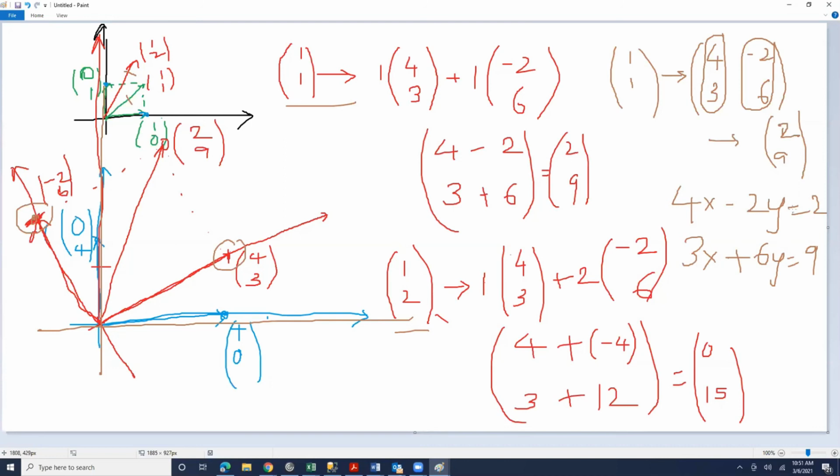When I put x equal to 1, y equal to 1, 4x minus 2y is equal to 2, and 3x plus 6y is equal to 9. That's all. So that's why these linear equations in 2 variables and this matrix form are equivalent, because in both cases, what they represent is, once I take the unit vector along each axis, where does it end up. So that's how these two are connected.